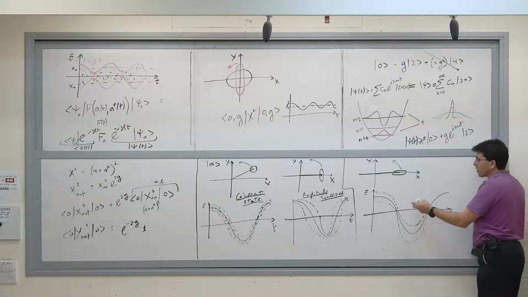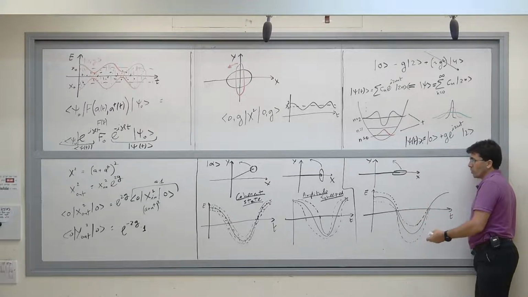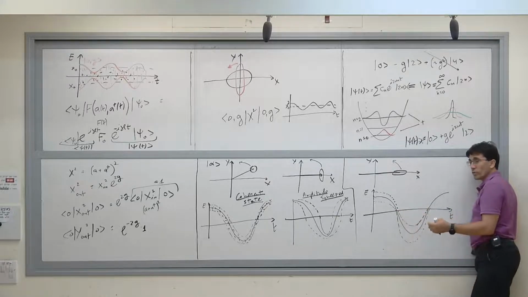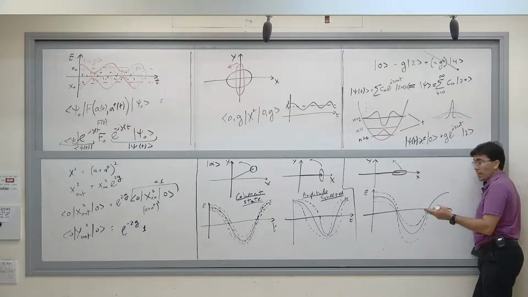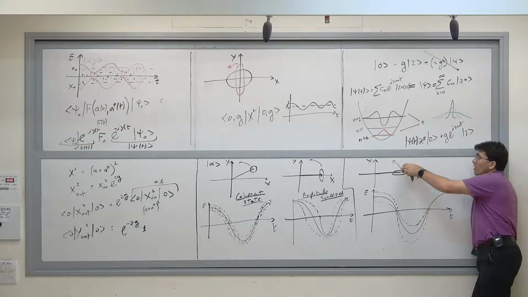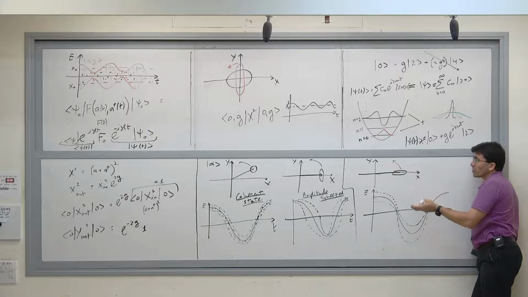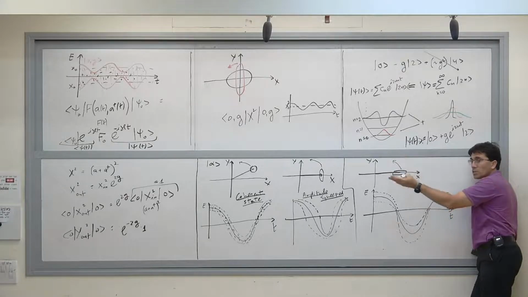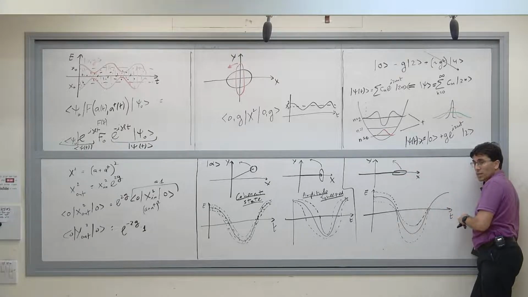This field has a very well-defined phase. Where does it cross zero? I know very well, but I don't know what its amplitude is going to be. And of course, you could have all kinds of rotations, but all those rotations are mixtures of phase squeezing and amplitude squeezing.